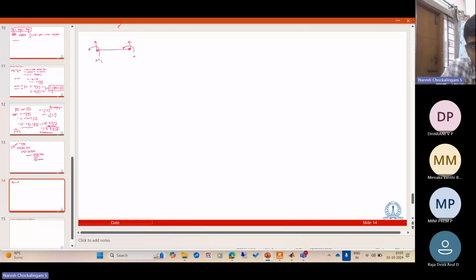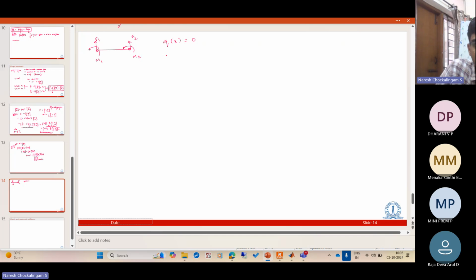Let's call them M1, M2, F1, F2. So this is a beam. And is there any distributed loading on the beam? No, there's no distributed loading.